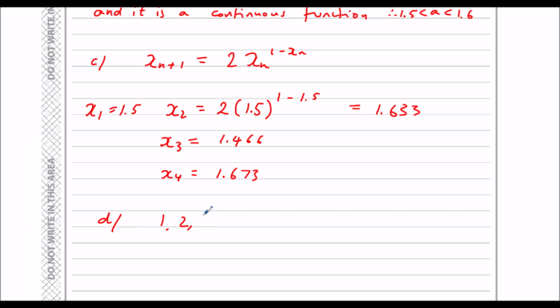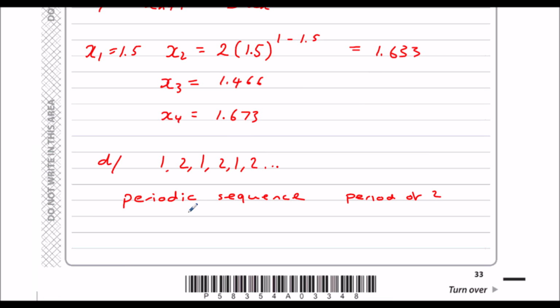So it goes 1, 2, 1, 2, 1, 2. That's not really a description. So it's a periodic sequence. It's got a period of 2. Or we could say it's oscillating between 1 and 2. So either of those would be okay.